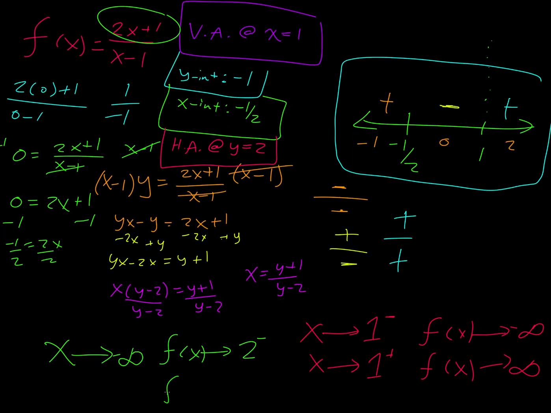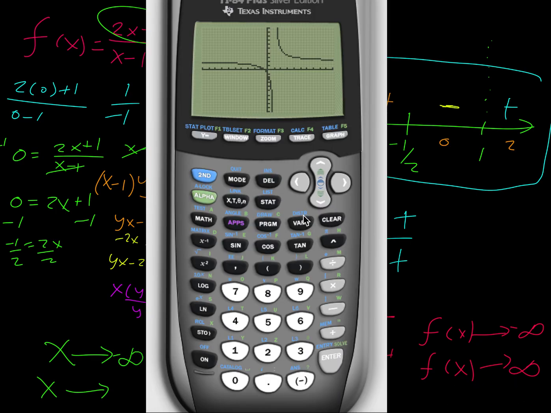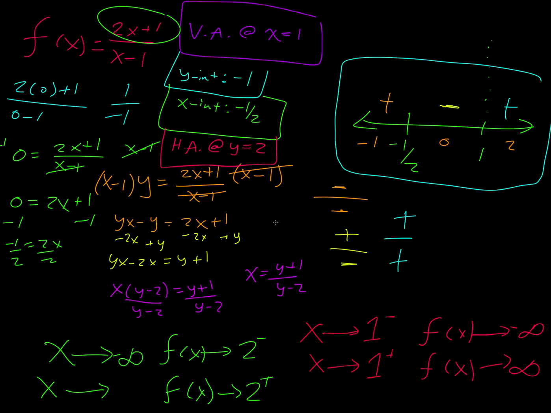Okay, now if our y values approach 2 from the positive side, what does our x do? So if we're on the positive side and we start to approach this horizontal asymptote, it was going like this, and so our x values approach positive infinity.